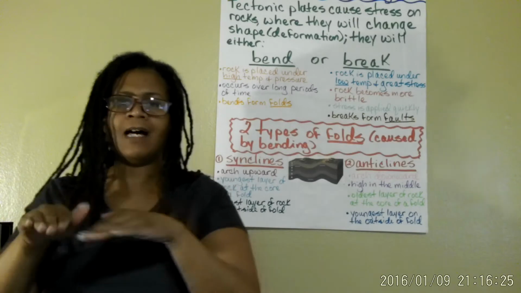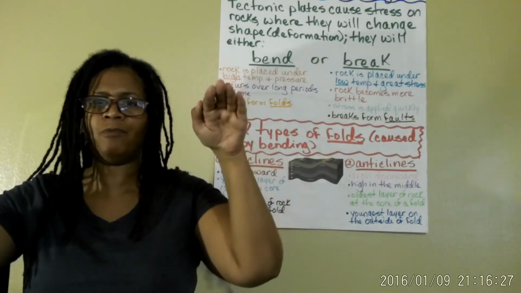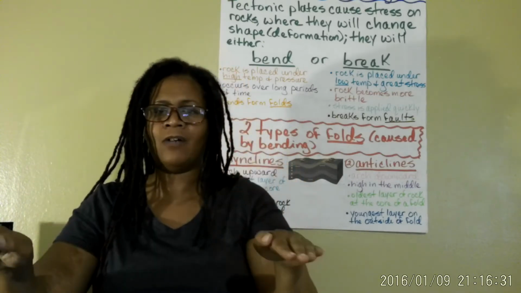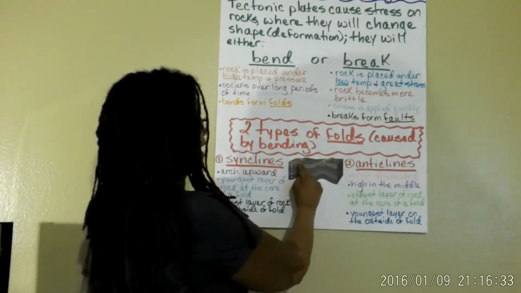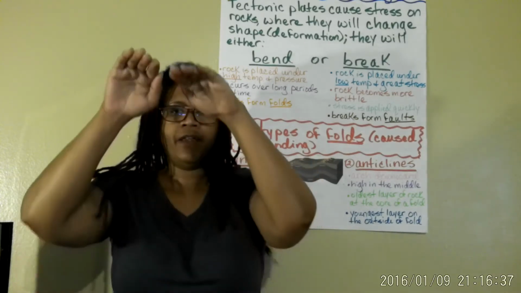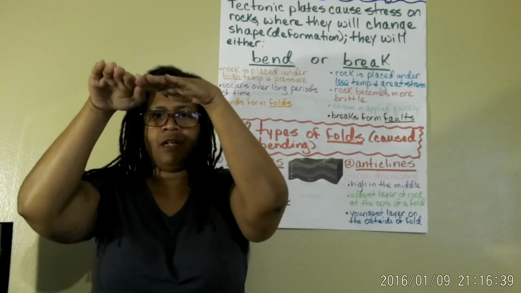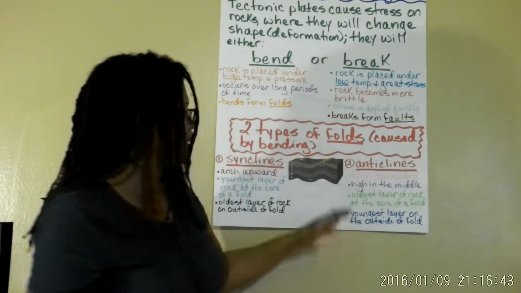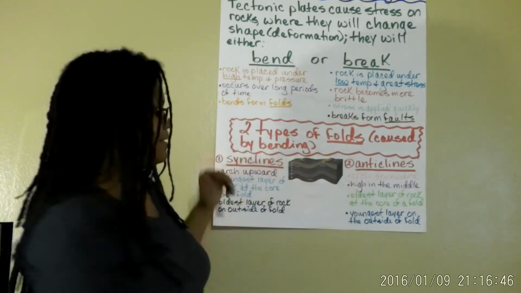So the syncline starts low, arches upward. The anticline starts high and arches downward. Okay? So that's why this is an anticline. So they're talking about it goes from high elevation and arches downward. Okay? And that's exactly what it says.